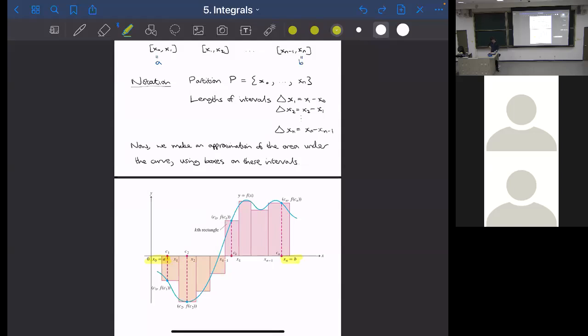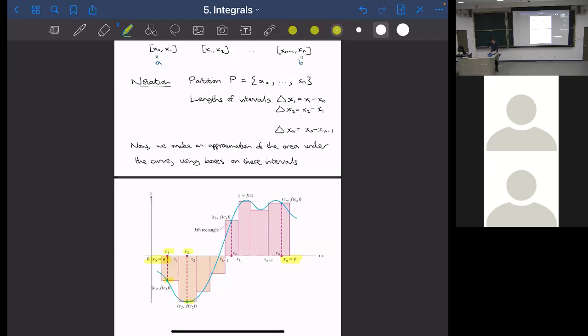And these give my intervals. So we can see 8 of them, but you can imagine there could be more. And the way I make the approximation is by picking inside each interval c1, c2, and so on, taking the value and taking a box with that height.